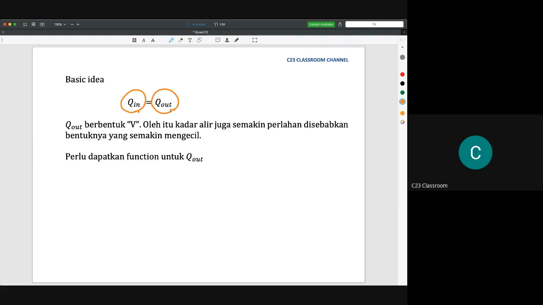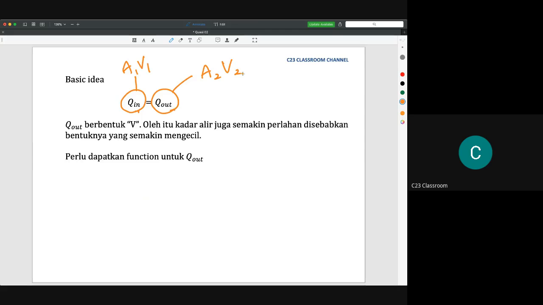And usually we expand the equation of Q, the flow rate, as A and V. So we have A1, V1, and at the outlet we have A2 and V2. It means that we need to calculate separately. We need to find what the area is, what the velocity is, and so on and so forth.